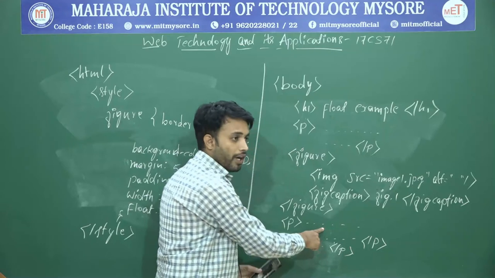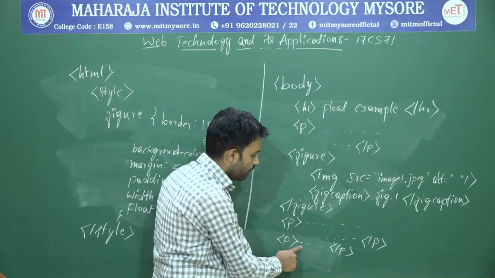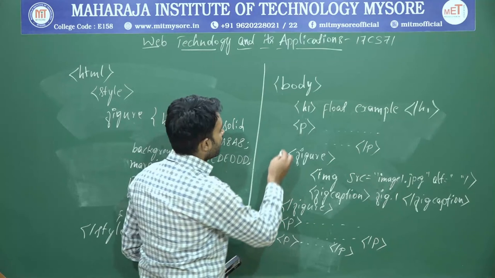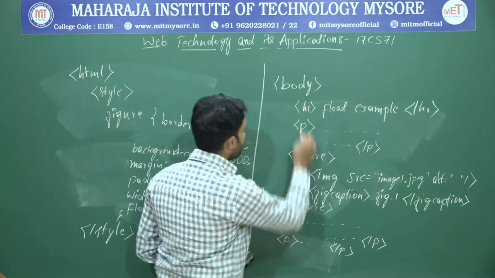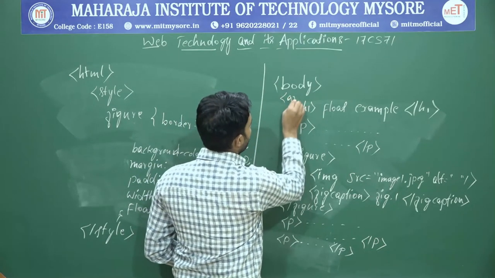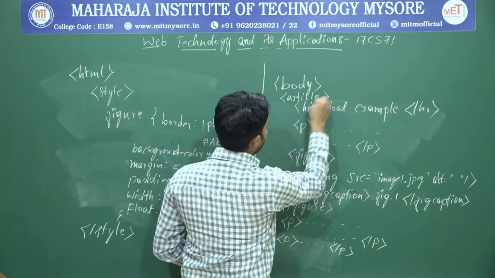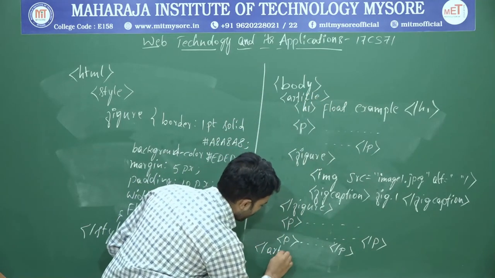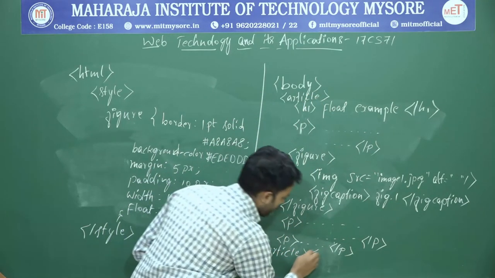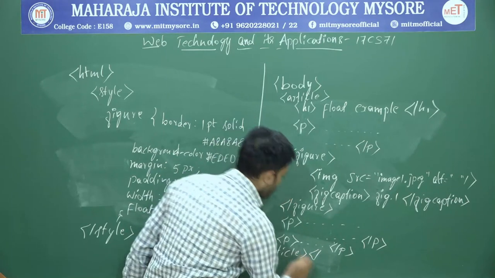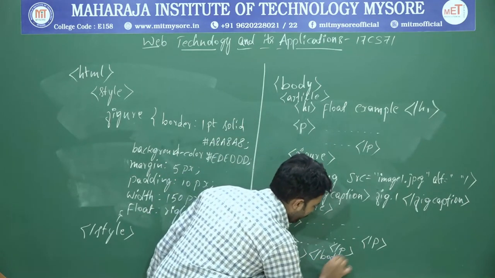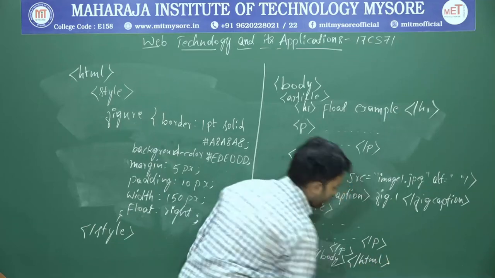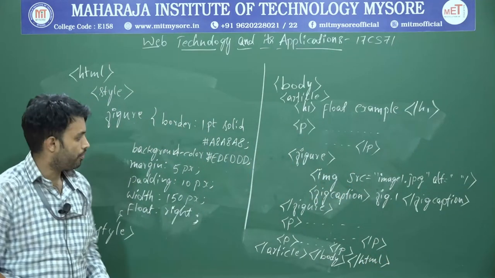So this is up to 5 lines of code, and within this third paragraph I have to write a few more, and I will make these components appear within an article. So now I have to close this article, and again close the body tag, followed by HTML.